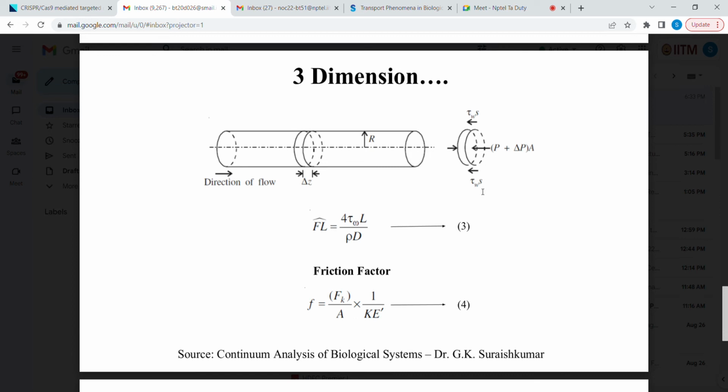And at the surface, the contact surface between the fluid and the cylindrical pipe, there is a shear force involved, and that is denoted by tau W.